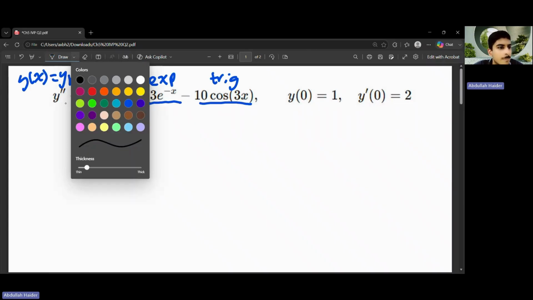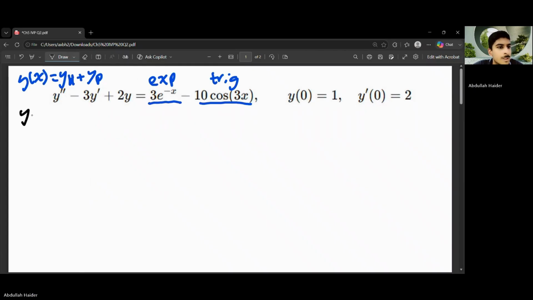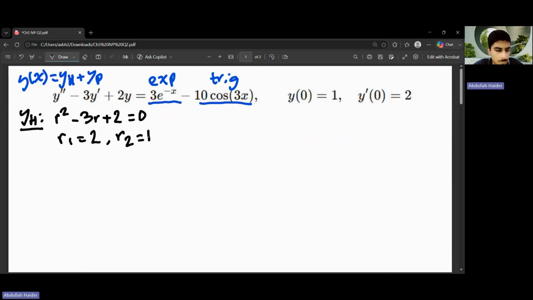So let's first find the homogeneous solution, yh. So this will become r squared minus 3r plus 2 equals 0. So your r values will be r1 equals 2, and r2 equals 1.